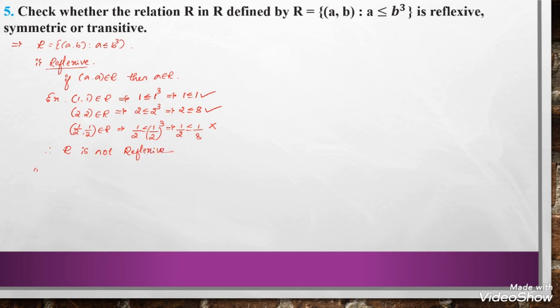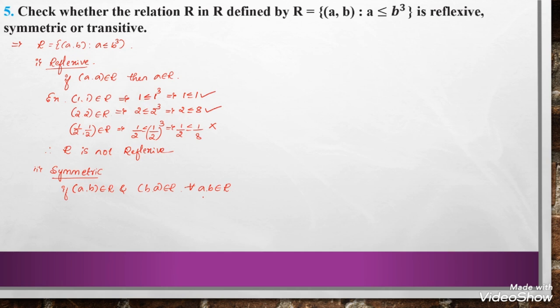Now, I will check the second condition, symmetric. According to the definition, if (a, b) belongs to R and (b, a) also belongs to R for every a, b belonging to the set of real numbers, then the condition is satisfied.